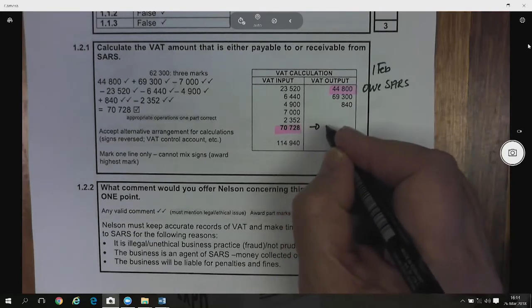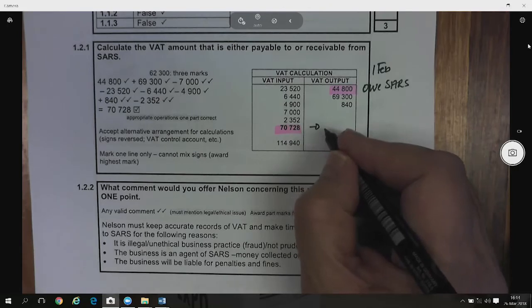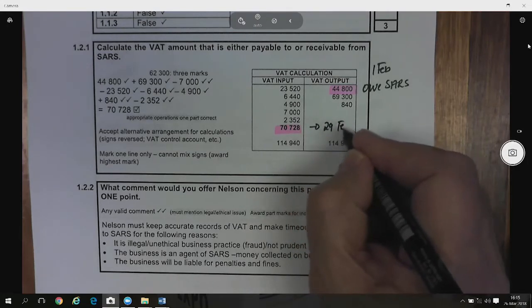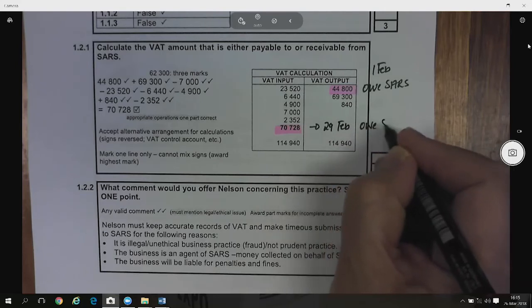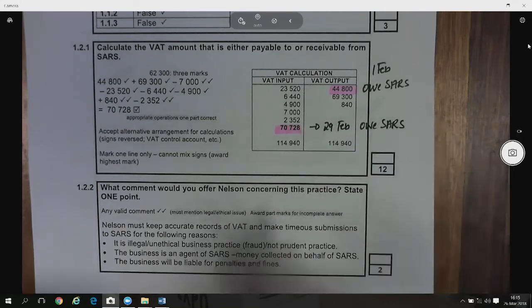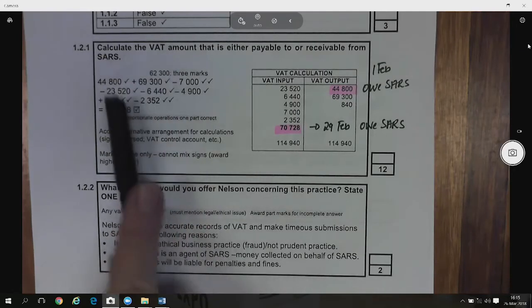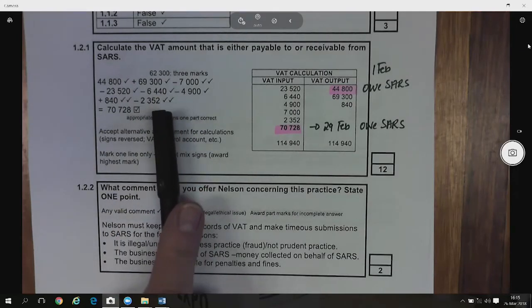So basically, just want to see what was the question. Yeah, on the 29th of February that we owe SARS. So you can see there they only work with positives. You can also do a calculation like that, but this is very risky because you must clearly think, when do I minus, when do I plus?